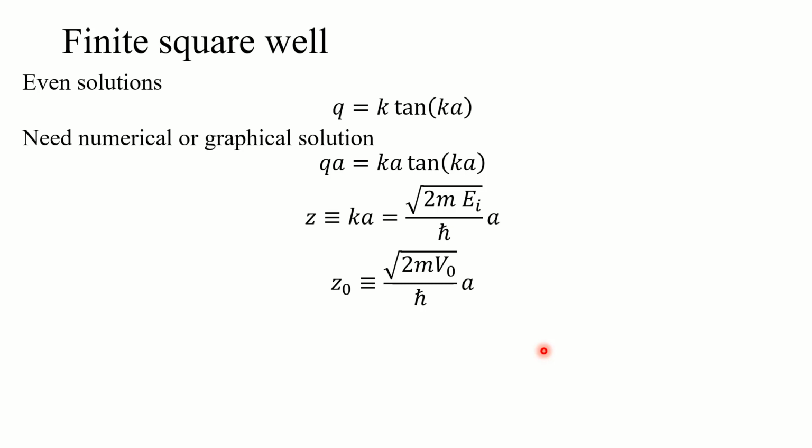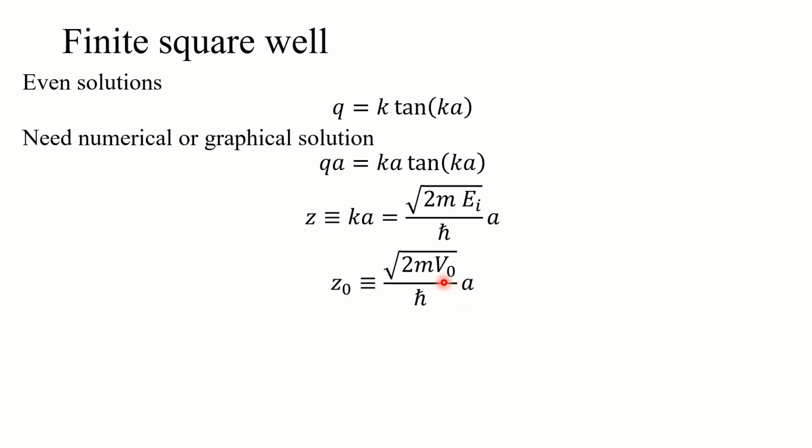This z sort of parameterizes the energy of the eigenfunction that we're looking at, right? Larger energy, larger z, smaller energy, smaller z. All the other things are either constants or properties of the well that are constant. Z naught sort of parameterizes the well size, right? The depth v, and even the width a, right?